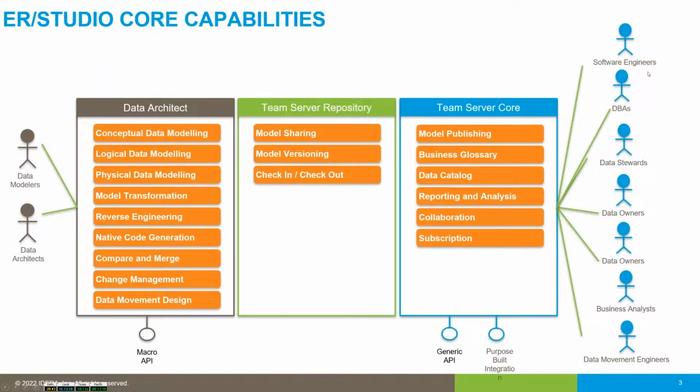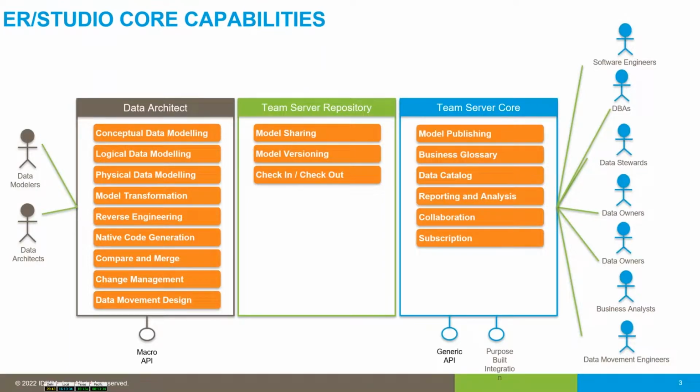So if I'm a software engineer working on a particular table of a database for my application, my bit of code, if that table changes by the data architects over here, then the tool will notify me and say, hey, there's a change. And I can have a little conversation around that particular table. We've also got elements of the tool that help us get started on the data governance experience.